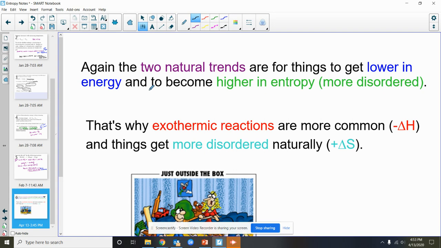It's going to have a tendency to get more disordered. This is also why exothermic reactions are more common. You see a lot of negative delta H's because of exothermic reactions, and things get more disordered, so positive delta S's. So exothermic, increase in entropy, those are natural. Lower in energy, higher in entropy is just how the universe tends.